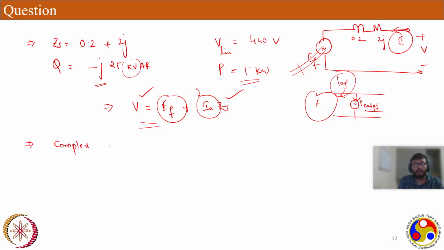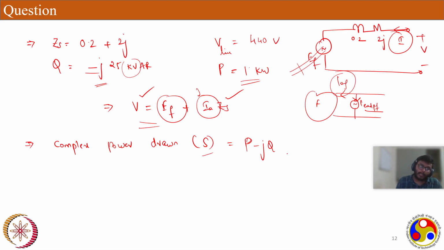Complex power drawn by the motor, S, we know it is P minus JQ, minus because it is drawing the reactive power. S, the apparent power, is nothing but the real power and also the reactive power phasor, P minus JQ.